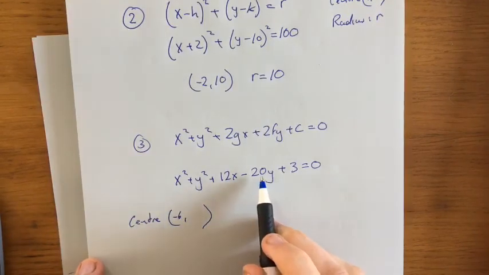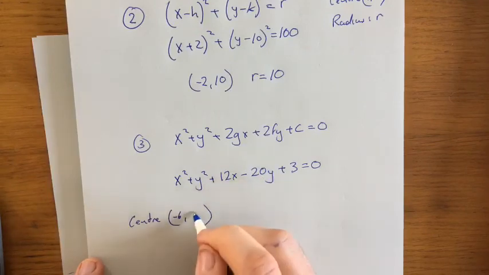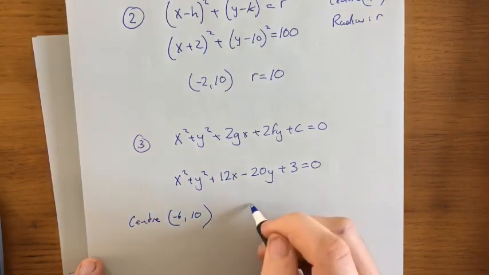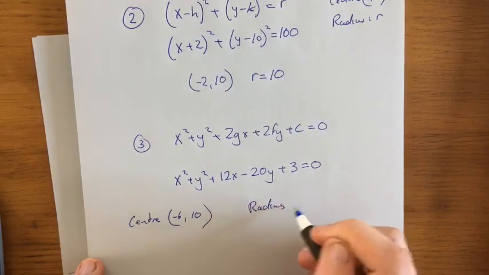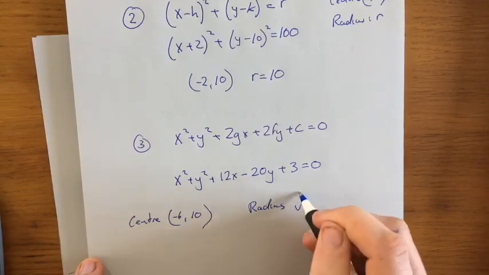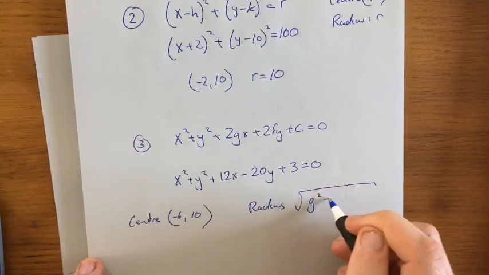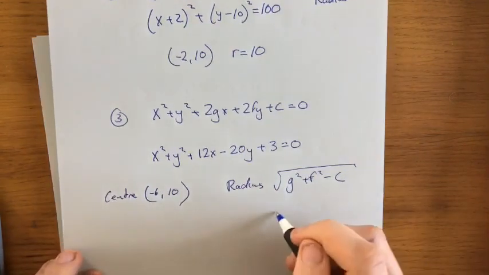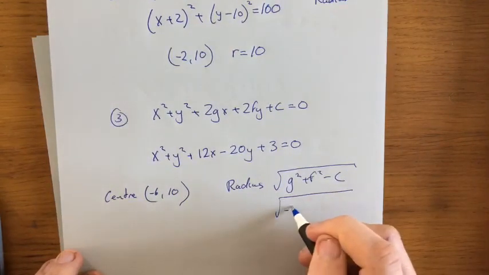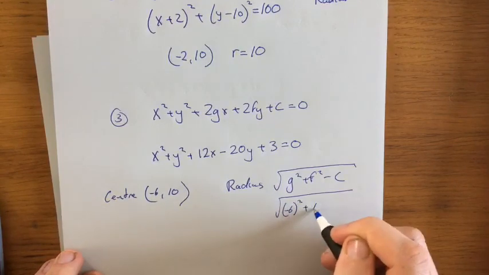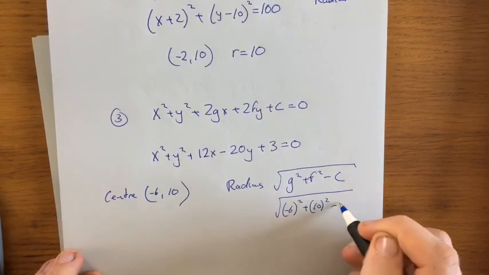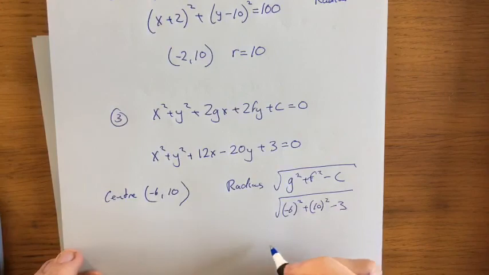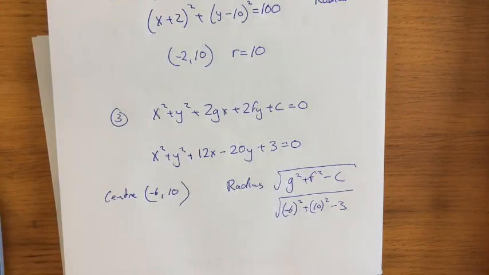And then this one, to get the center here, you halve it, and you change the sign. So that would be 10. And then to find the radius, when it's in this format, you have to use this formula here: g squared plus f squared minus c. So if you were to fill that in there, it would be minus 6 squared plus 10 squared minus 3, and you would calculate that out, and that would give you the radius.